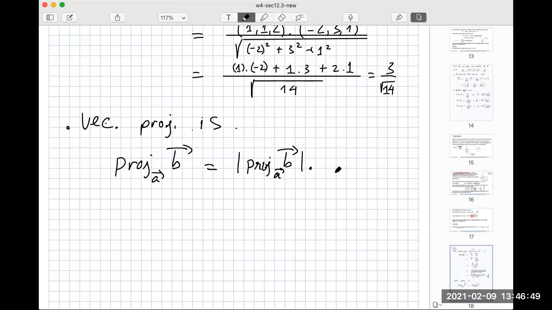Multiply with, right, the unit vector of A. Okay. Then, what is it?